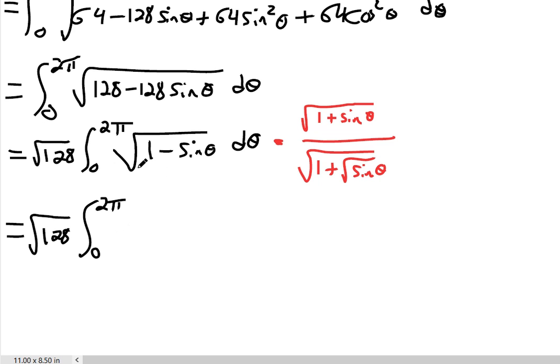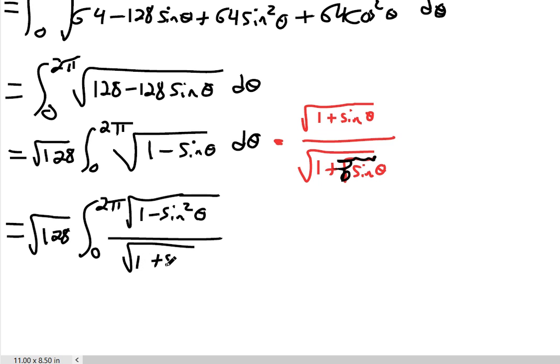Okay, so we're at the square root of 128 still. And now the top part of the fraction is this times this, and you can multiply the terms inside because they're both inside a square root. So that's going to be the square root of 1 minus sine squared theta over, wow, I don't know where this square root came from. Sorry about that. That's 1 plus sine theta in the denominator.